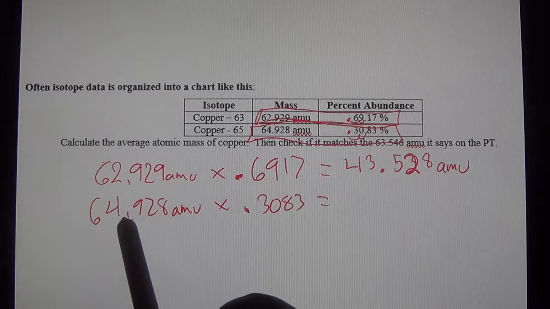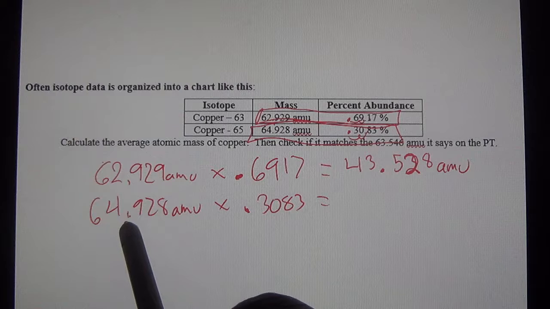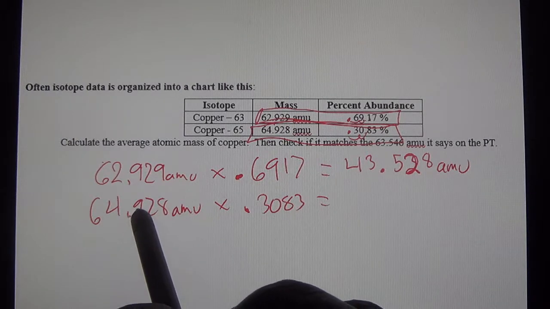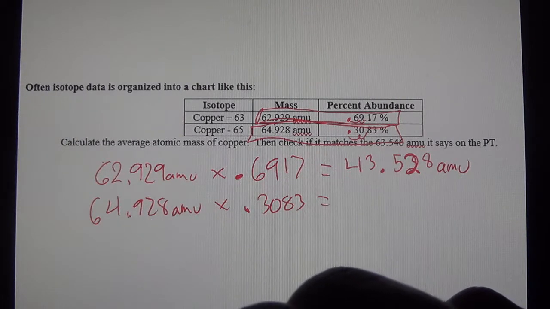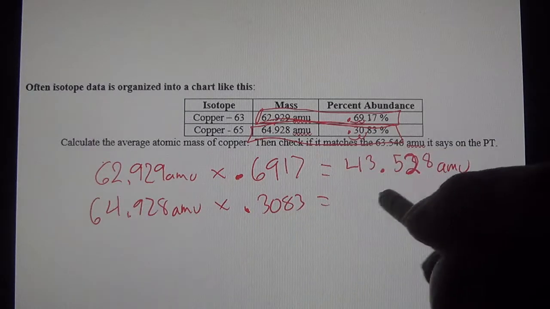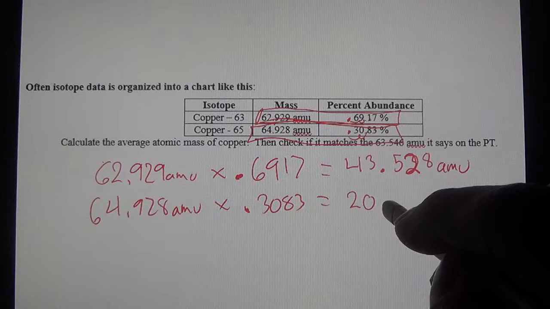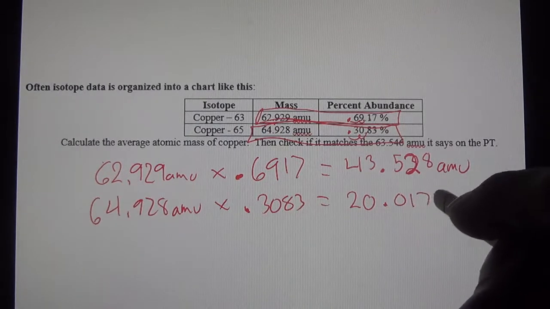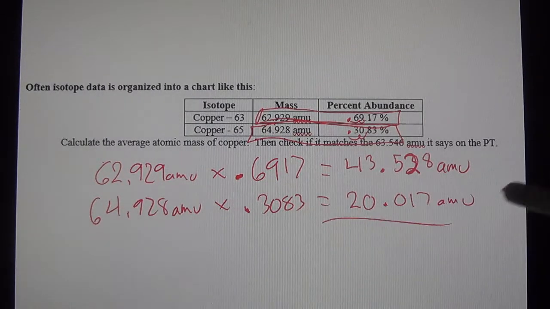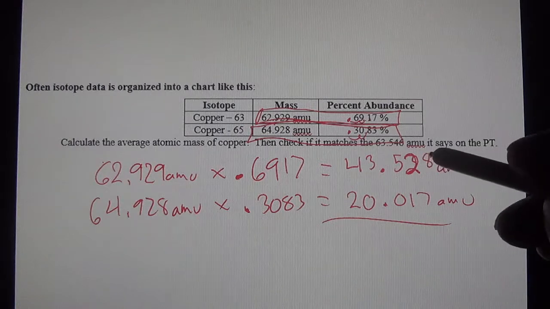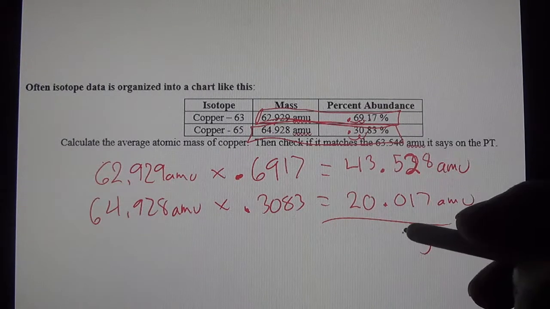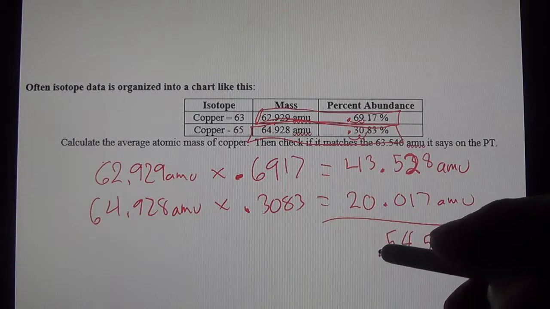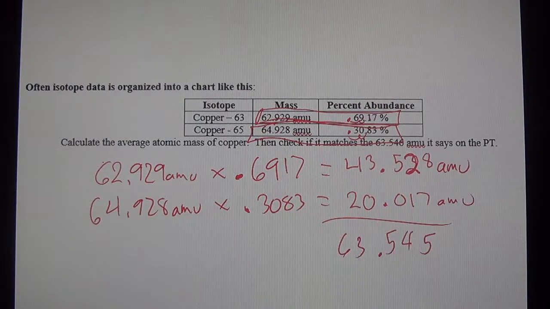Okay, and then we have our 64.928, and we're going to multiply it by 0.3083. And there we have 20.017 AMU. And I'm going to total that up. 8 plus 7 is 15. Carry the 1, 4, 5.36.